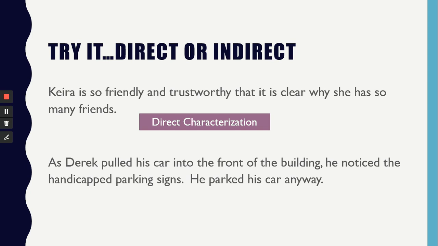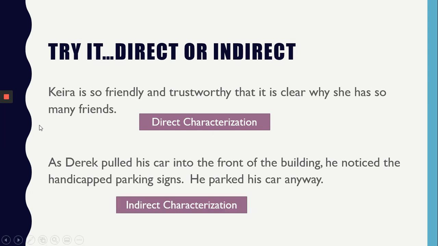If you're thinking indirect, again, you are correct. So this is implying that Derek might be kind of a jerk. If he's parking here anyway, maybe he's really selfish. That is revealed through his actions. That's one of the things that we can remember for indirect as part of STEAL, his actions.